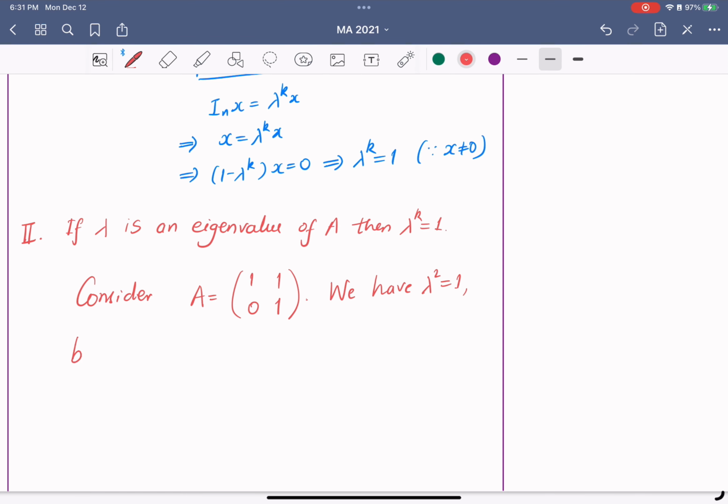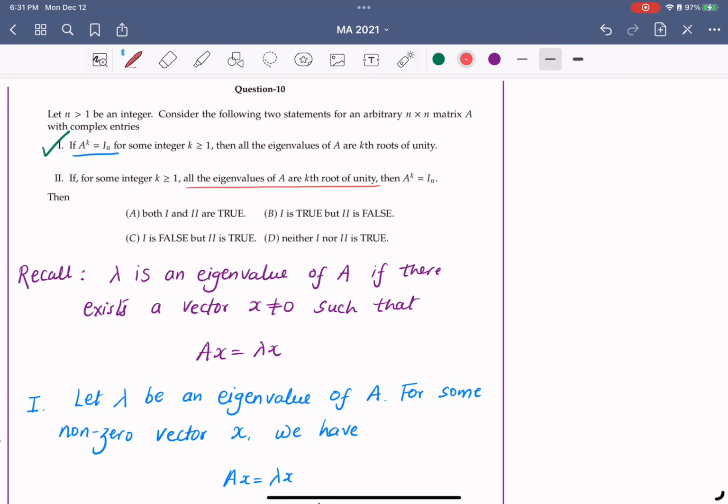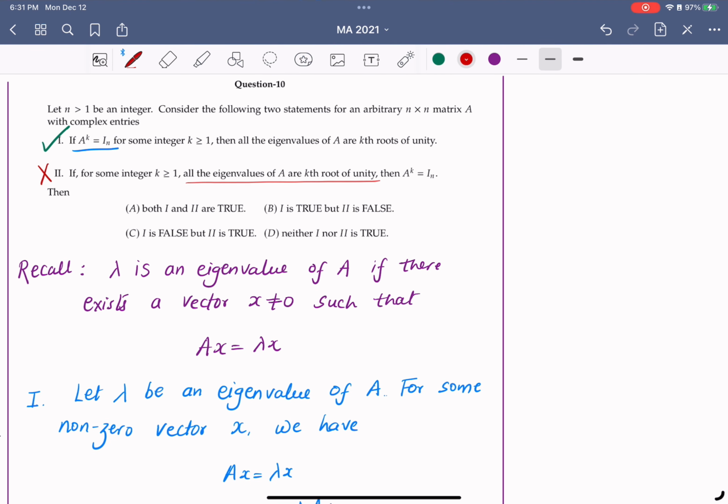So all the eigenvalues are second roots of unity, but when you calculate A square, what you get is the matrix 1, 0, 2, 1. This is not the identity matrix. So what does it tell you? It says that statement 2 is false. So the correct answer is B. 1 is true, 2 is false.